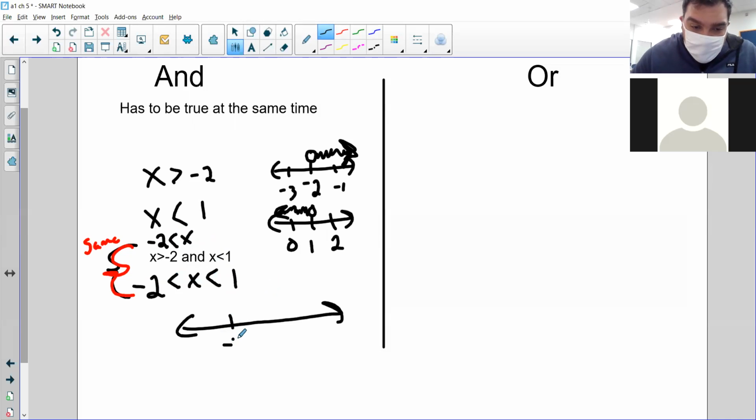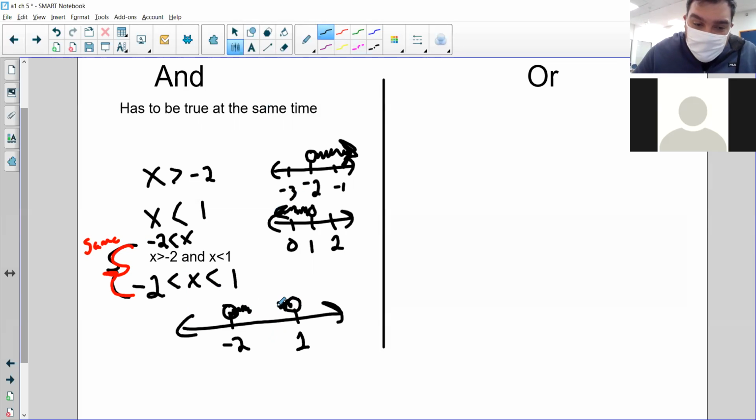So we're going to have a point here, -2. We're going to have a point here, 1. Here is an open circle. Here is an open circle. It has to be both bigger than -2 and smaller than 1. So bigger than -2 goes to the right.